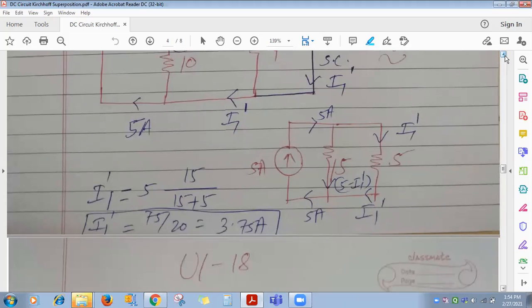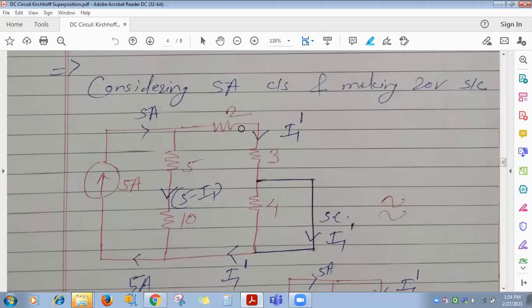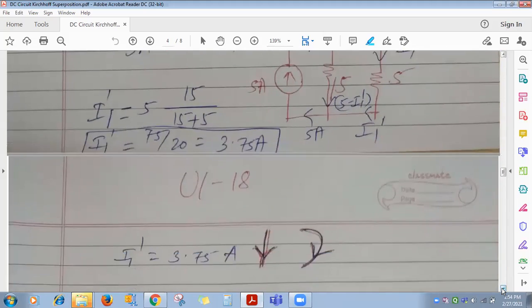And what is the direction? 3.75 ampere direction is downward. Clear up to this? We have found the current flowing through 3 ohm considering only a single source, that is 5 ampere. Now, next step, according to the superposition theorem, what does it state?